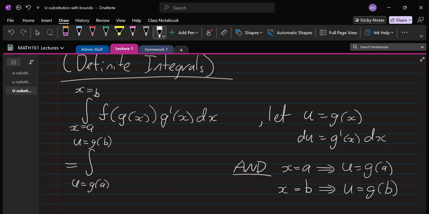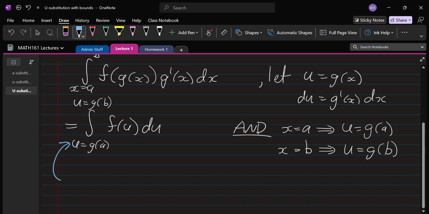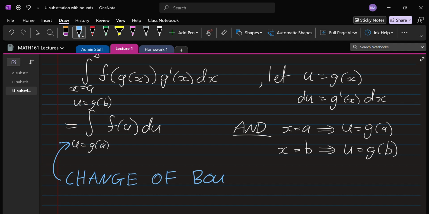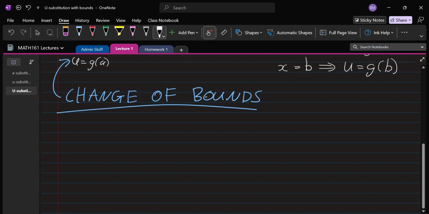So it's going to be u equals g of a to u equals g of b. I'm not going to write the u equals later on. f of u, and then everything else is du. Everything else exactly the same, except the change of bounds. That's the only extra bit.